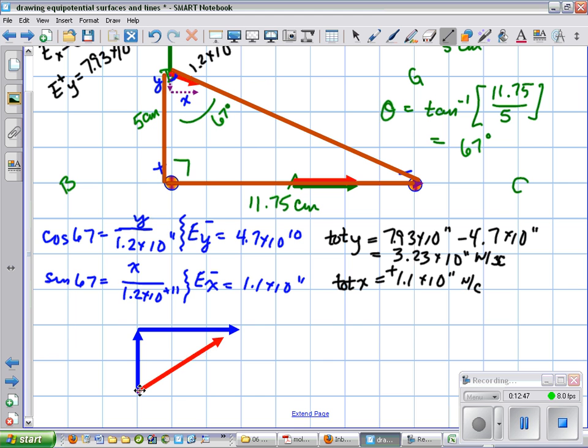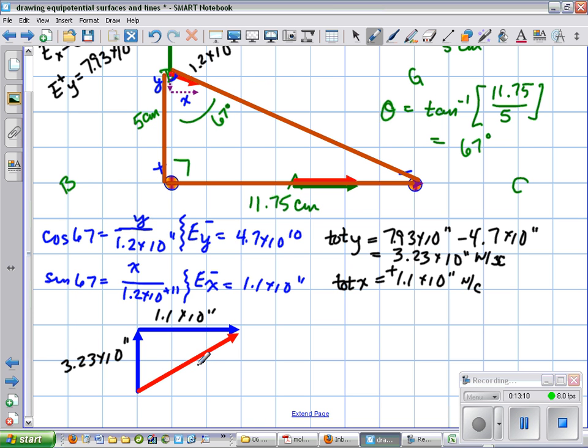And the hypotenuse will be something like this. So this was the x side of my triangle, which is 1.1 times 10 to the 11th. My y component is 3.23 times 10 to the 11th.